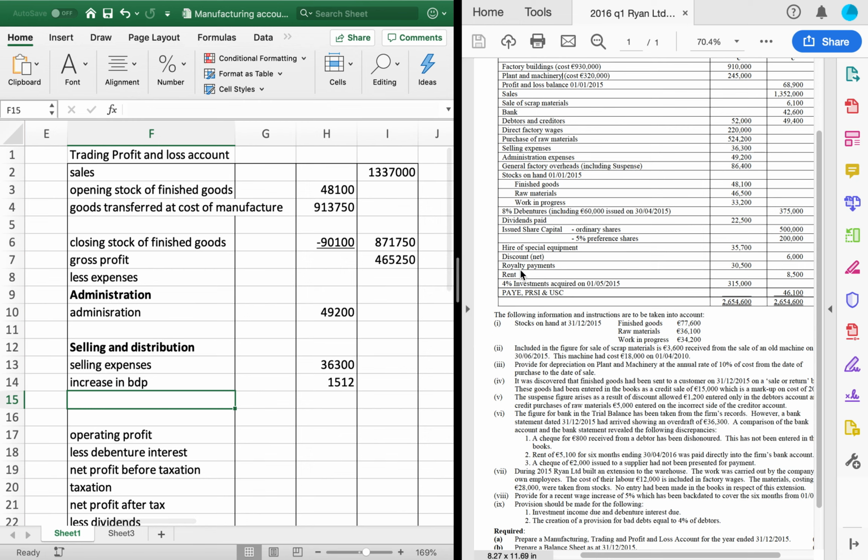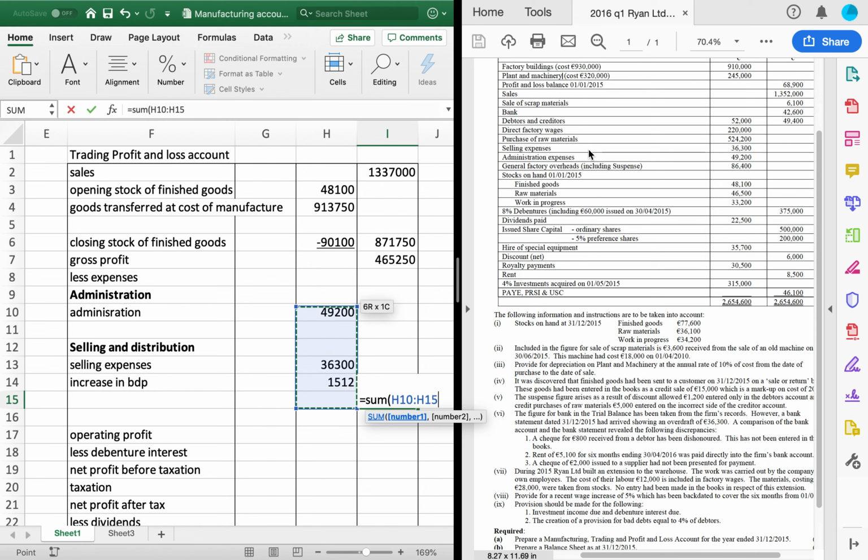There's no commission, so the royalty payments has already gone in. Discount is a credit, so it's another operating income. If discount was a debit, it would be a selling expense. So there's no other ones. So we can put those two together. I'm just going to add them all up.